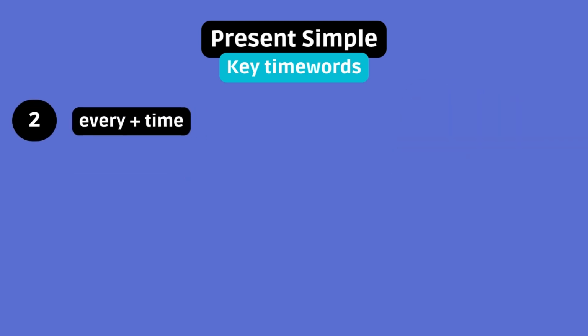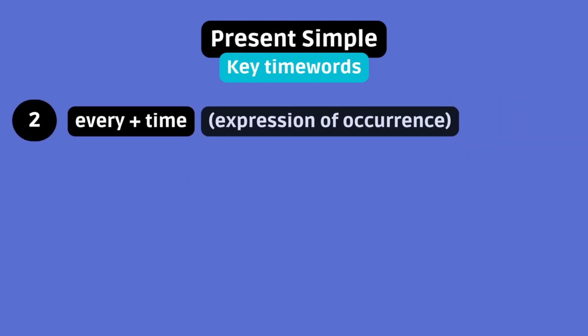2. Every plus time. The construction every plus time with the present simple is used to show that an action or event happens regularly at each instance of a certain time period. Every is followed by a specific time period.